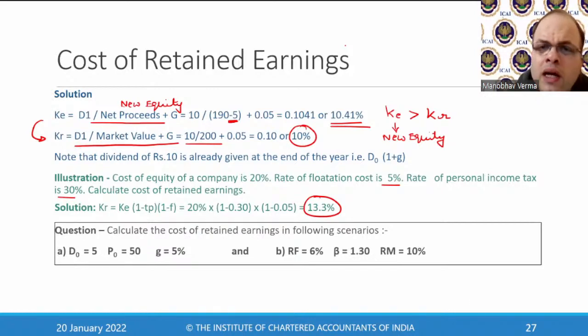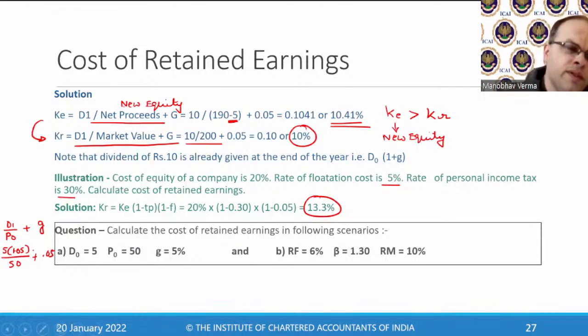So let's calculate this: D1 upon P0 plus G. D1 is 5 into 1.05, P0 is 50, plus 0.05. I think that should be the answer for question number A.